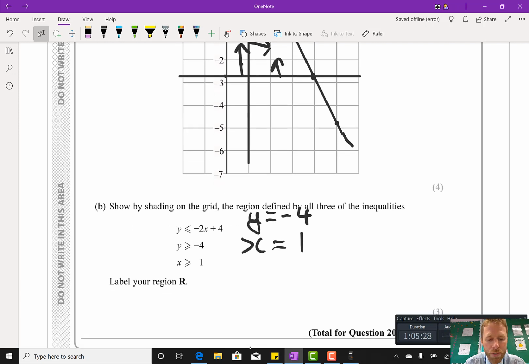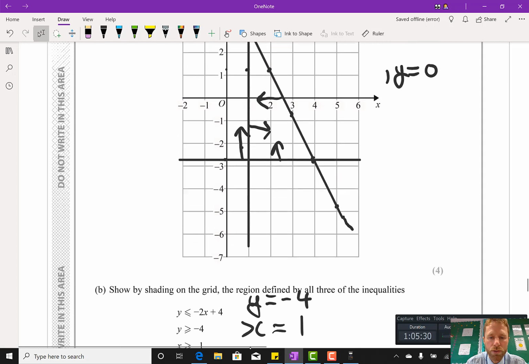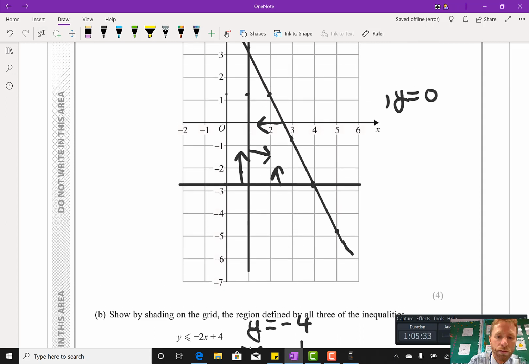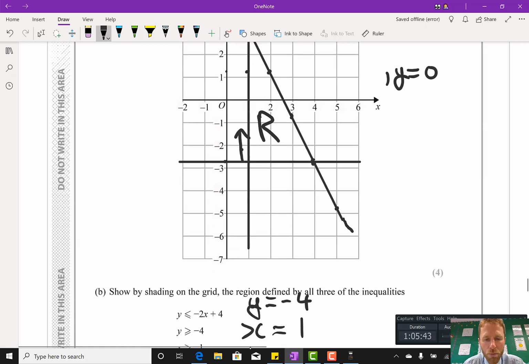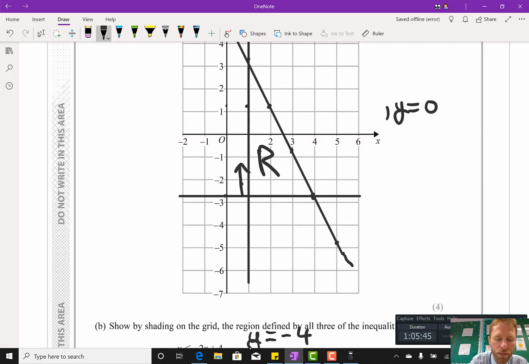Label your region R. So the last thing to do, if I can just get rid of these arrows, is my region R. That little right angled triangle in there, which has somehow moved. I don't know. It should be much further down. That's the software doing that, not me. But if that line was still down here on -4, R would still be in the same place.